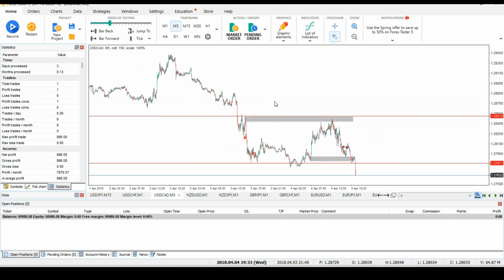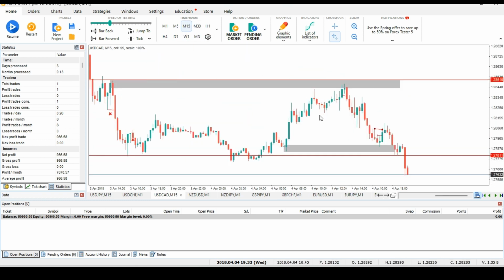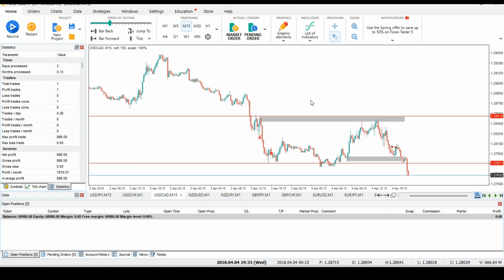We've missed out on a beautiful move, and it hit our take profit right here. I got scared because of this move, and guess what? It happens, and it will happen to the best of you out there.